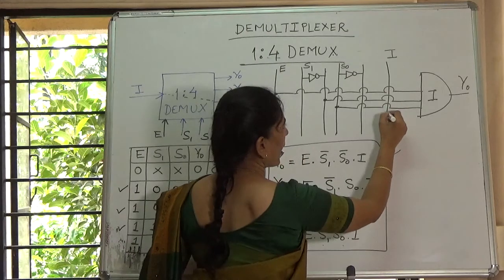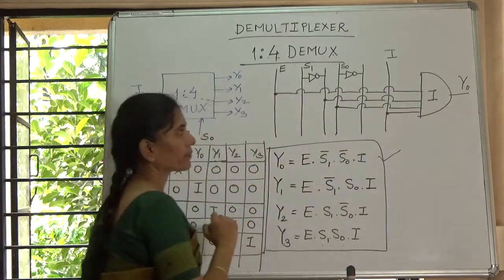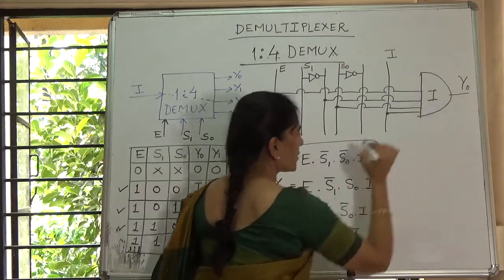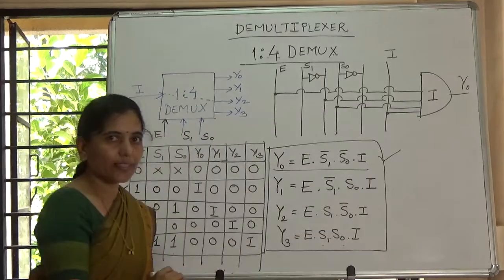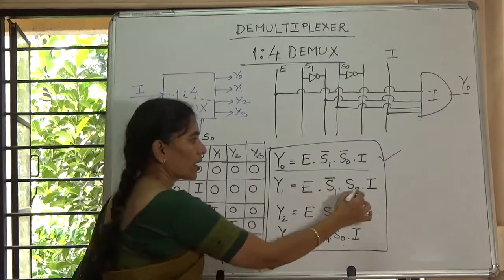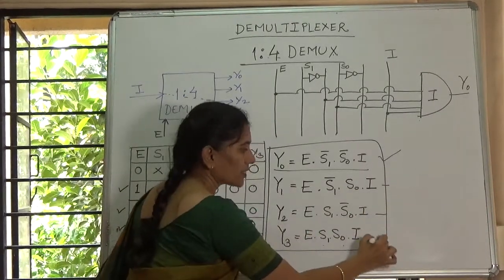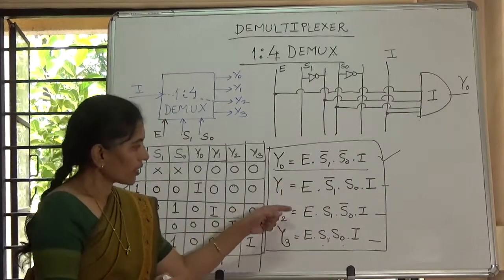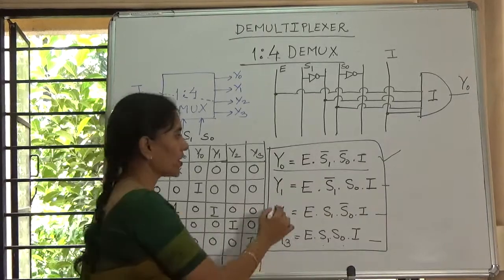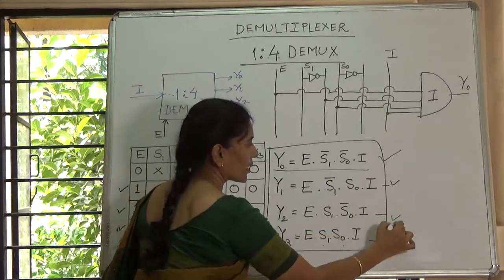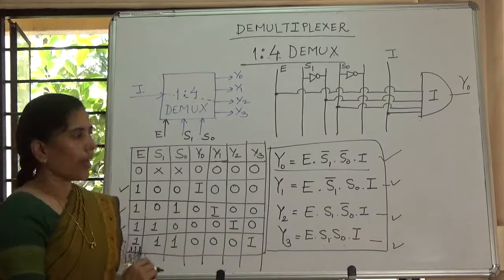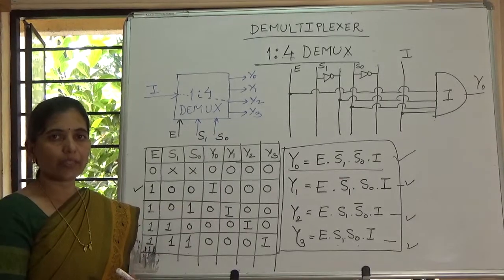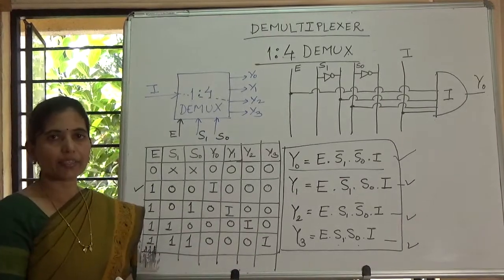And the fourth is from I. So this 4 input AND gate will generate the first output, which is Y0. Similarly, we can use 3 more AND gates. We can accordingly connect the inputs to these further AND gates to generate Y1, Y2 and Y3. And that is how we can implement a 1:4 demultiplexer using AND gates. Thank you.